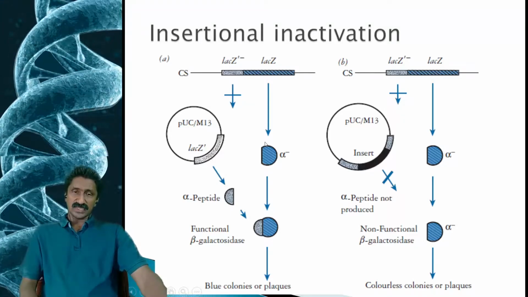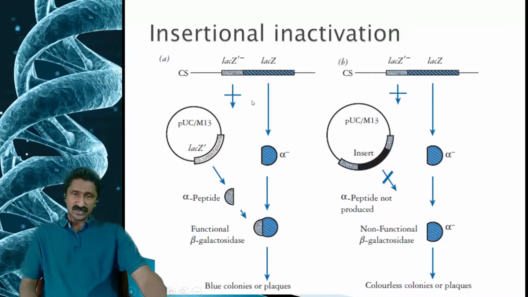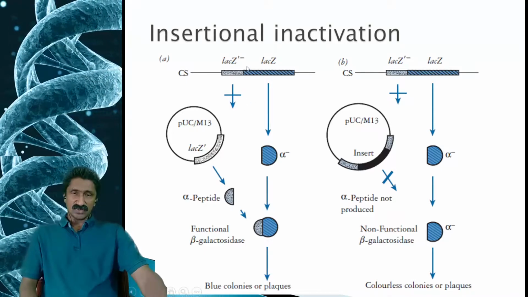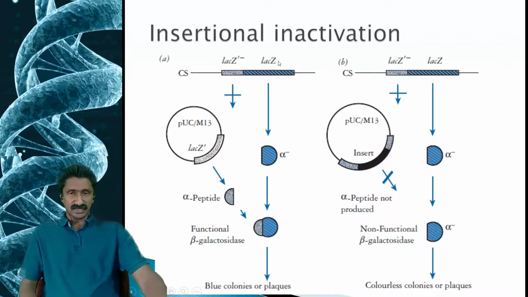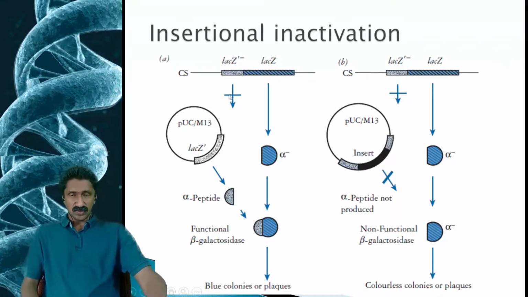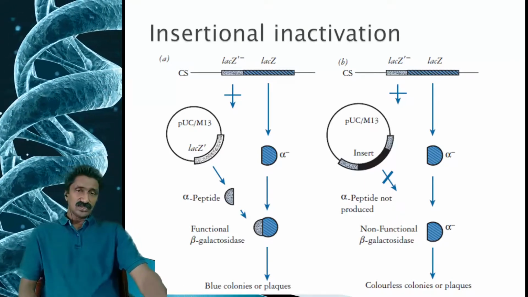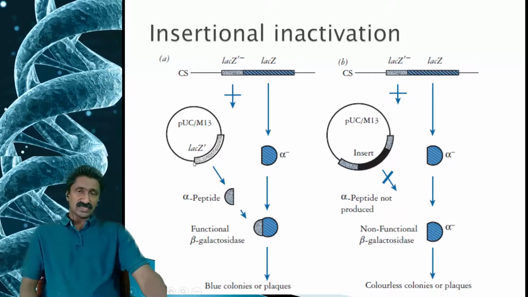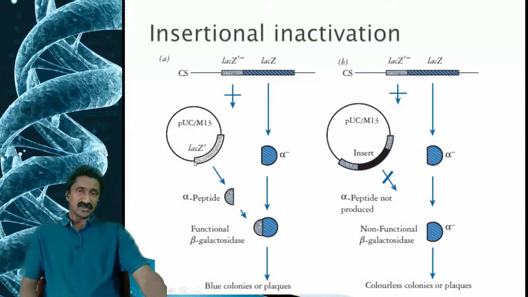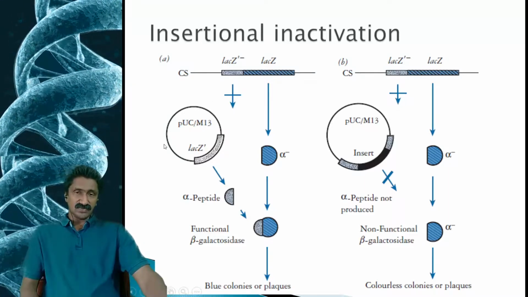So lacZ needs to have two components. The first component is produced by the host cell, whereas the second component the host cell cannot produce because it is a deficient mutant. Whereas your vector carries that part of the lacZ, so the lacZ alpha gene is carried by the vector.